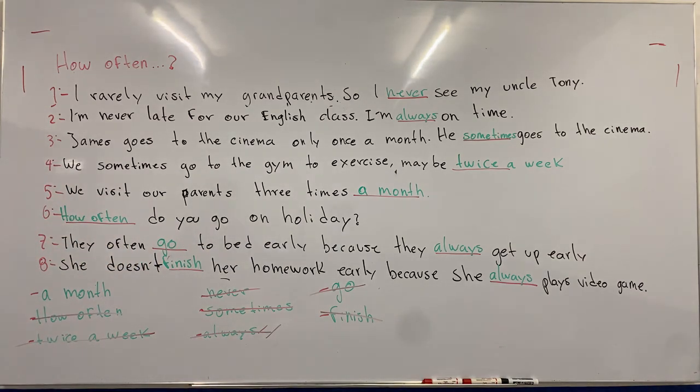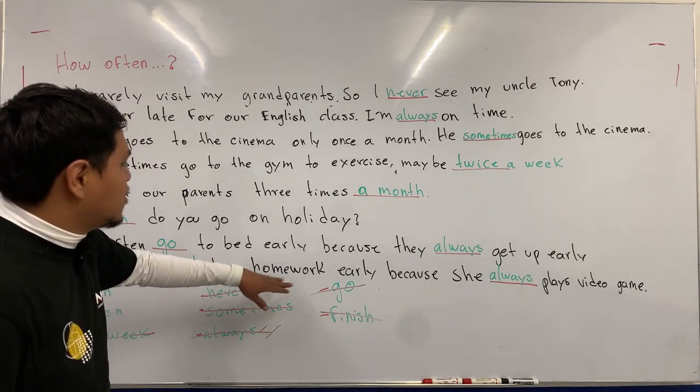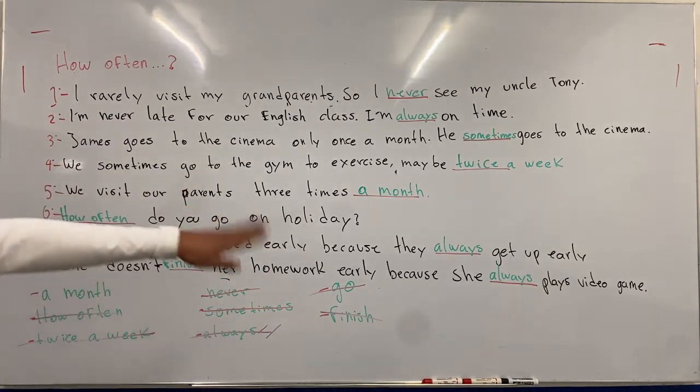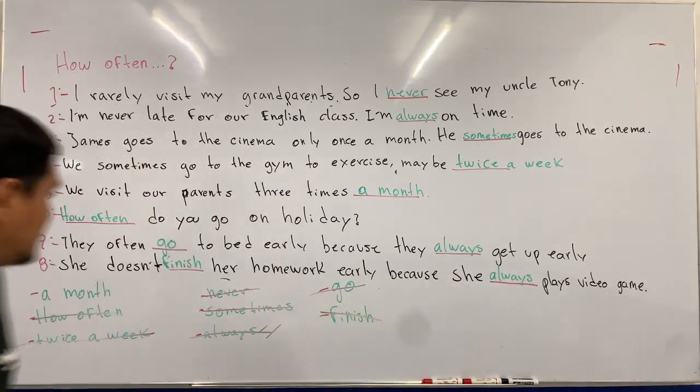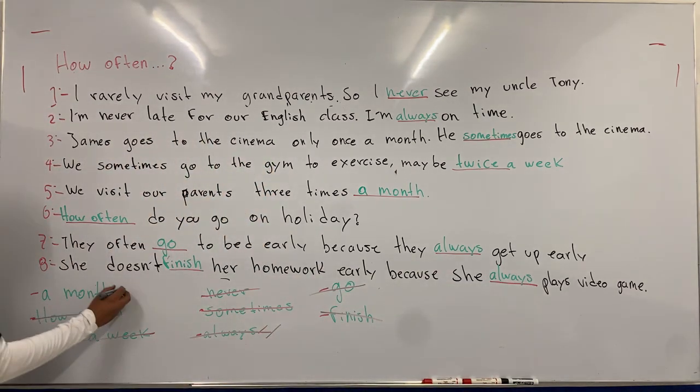And this is all. They often go to the bed early because they always get up early. She doesn't finish her homework early because she always plays video games, right? Esta vía utilizamos. Y de esta manera resolvemos nuestro segundo ejercicio, ¿ok?